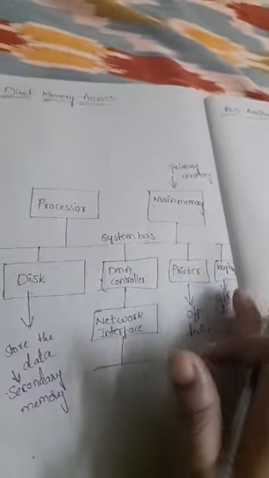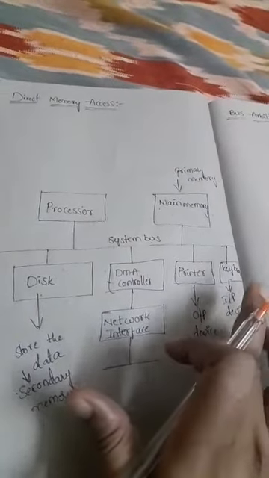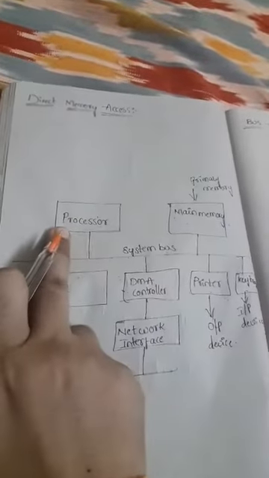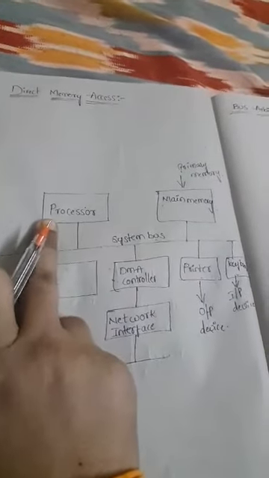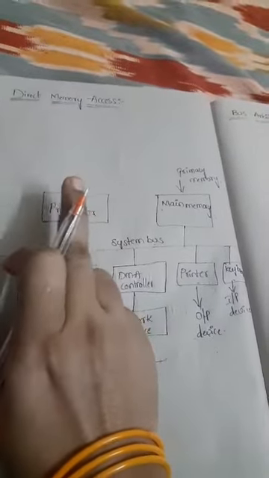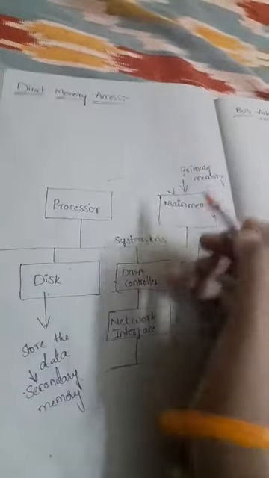But what happens during that period of time? Whenever the user enters some characters on the keyboard, first of all that character request goes to the processor. Then the processor, after taking that request, sends the request to the main memory.